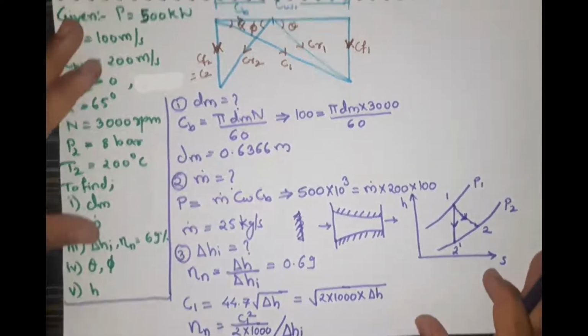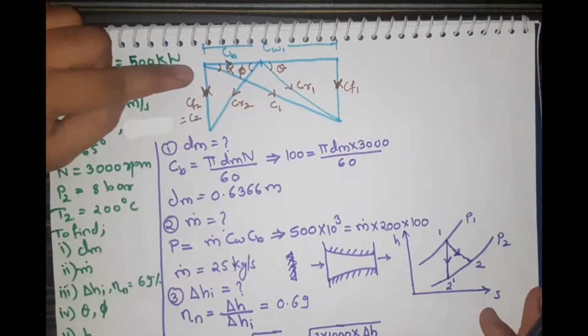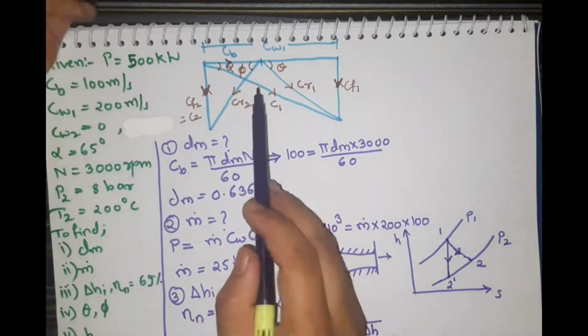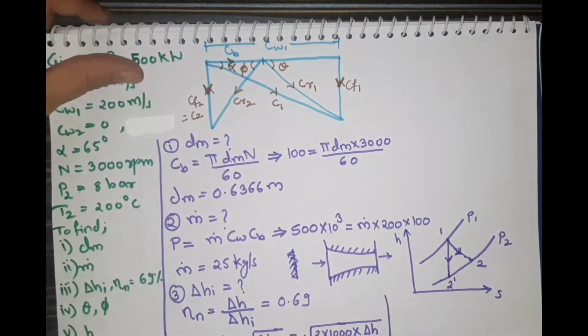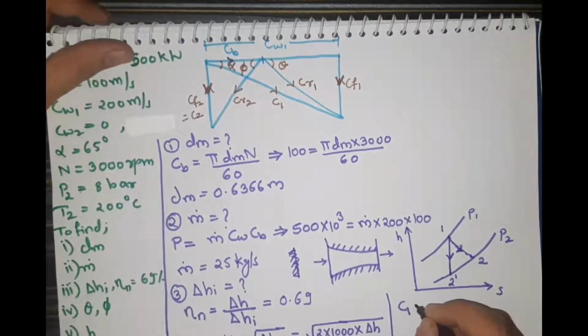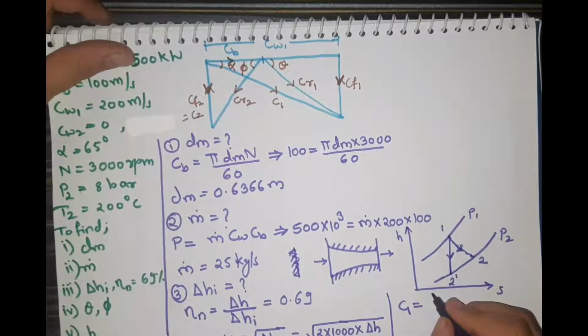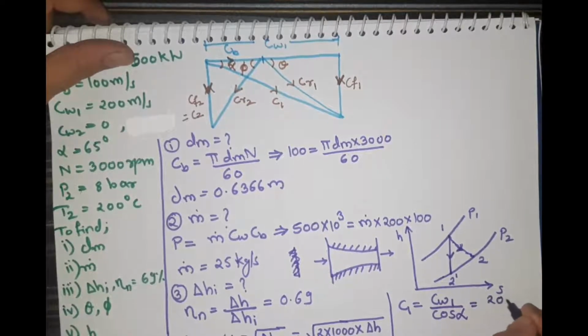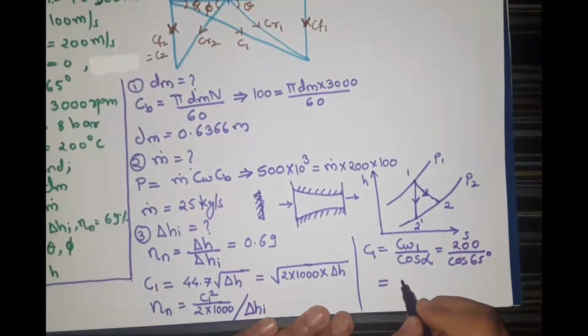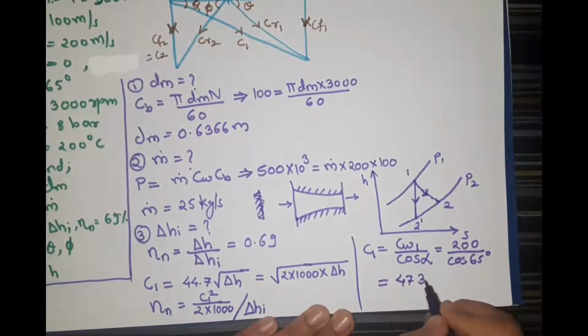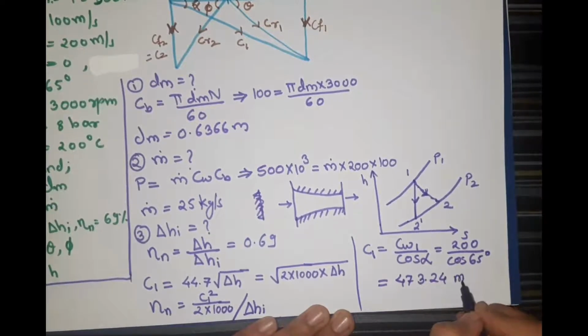So we can find the C1 from the velocity triangle. For that, alpha is given to us and Cw is also given to us. So we can write C1 is equal to Cw1 upon cos of alpha. So 200 divided by cos of 65 degree, and we will get C1 as 473.24 meter per second.